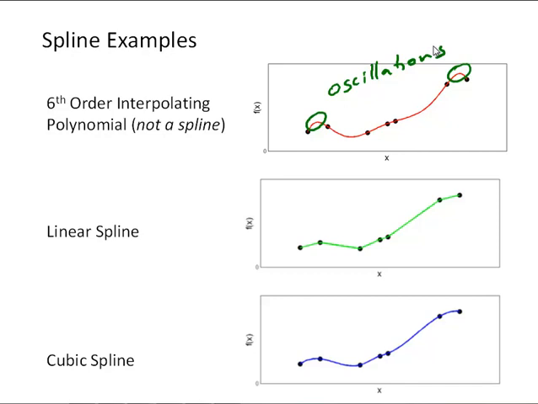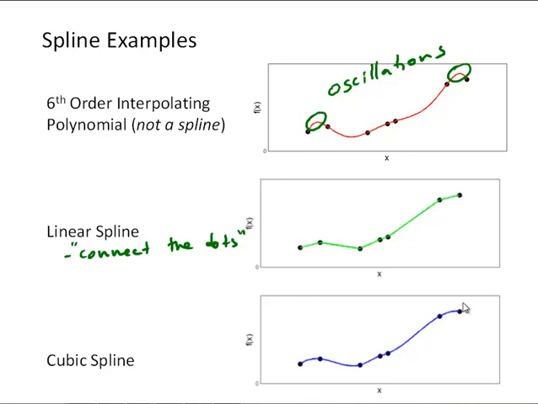We can fit a linear spline through those same points, and it's simply like connect the dots, where we just draw a straight line between each of the data points, and that gives us our linear spline.